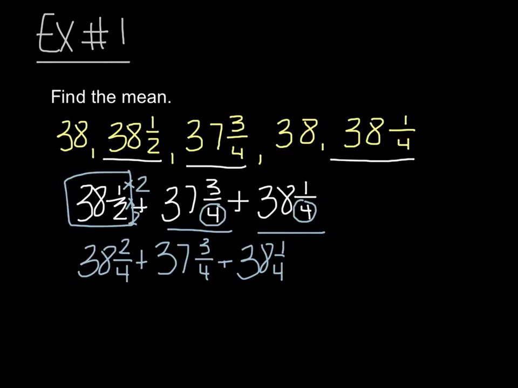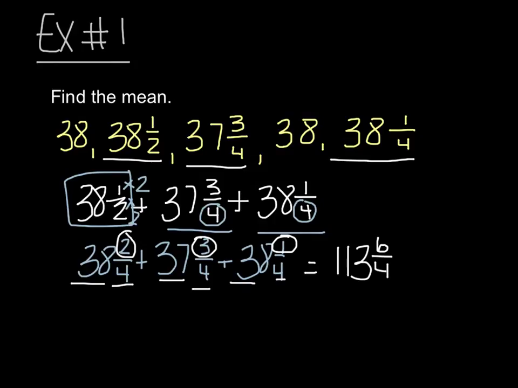So 38 plus 38 plus 37 plus 38, which equals 113. Add all of your numerators. So 2 plus 3 plus 1 is 6. And your denominator stays the same as 4.